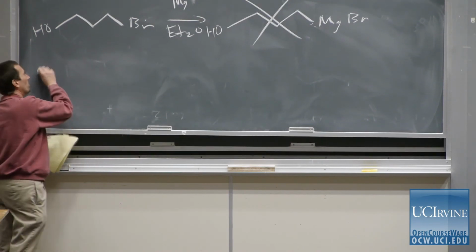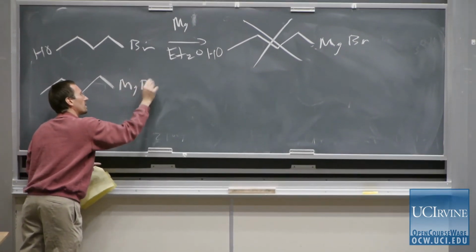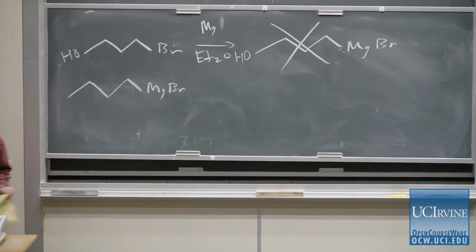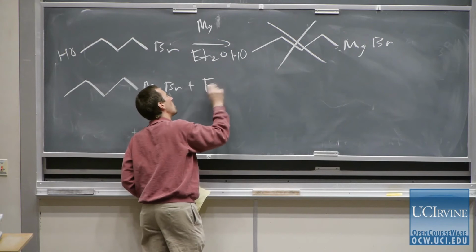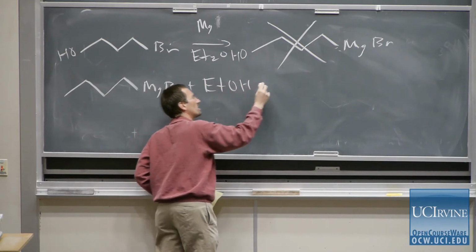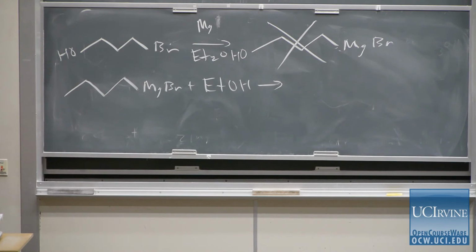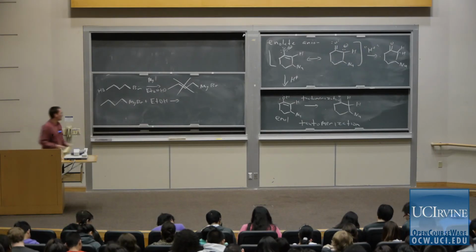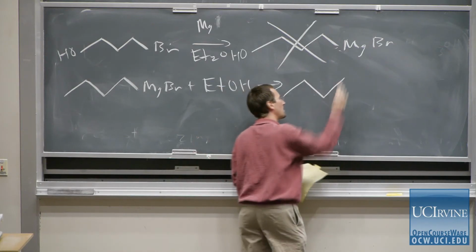It can't be formed. And I gave you an example in our previous lecture that sows the seeds for destruction here. If we take a Grignard reagent and treat it with an alcohol like ethanol, this is the example from the previous class, I pointed out that Grignard reagents are very strongly basic, and alcohols are sufficiently acidic that they protonate them.